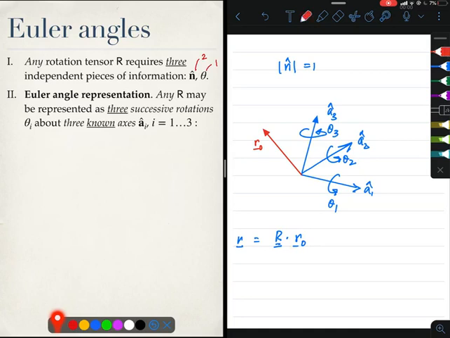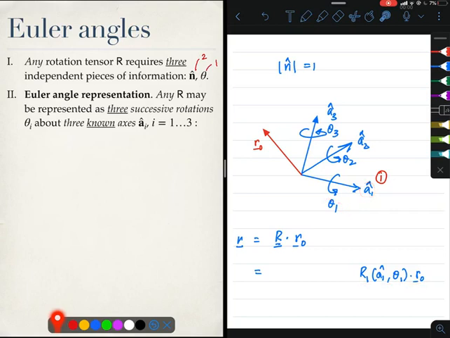First, rotate r0 about a1 by theta 1. So let's do that. This is the rotation of r0 about a1 by theta 1, that is expressed by this formula.